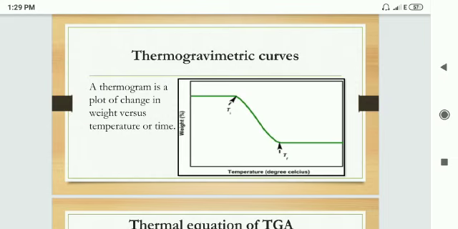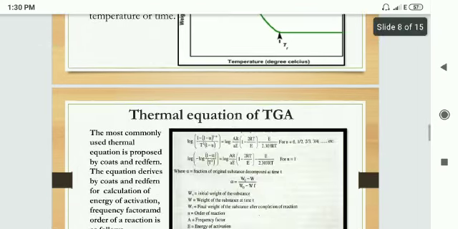T1 to T2 indicates the loss in weight from that temperature to that temperature. This slope indicates how much weight loss occurred from that temperature to that temperature. A horizontal straight line indicates that there is no change in weight, while a slope indicates a change in weight.